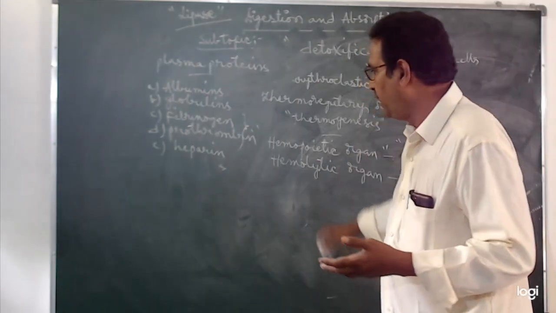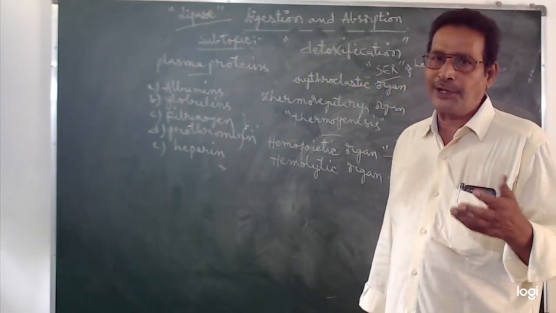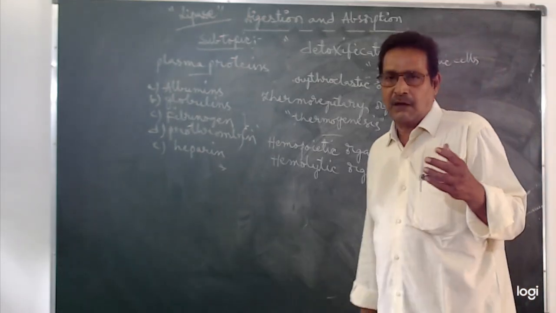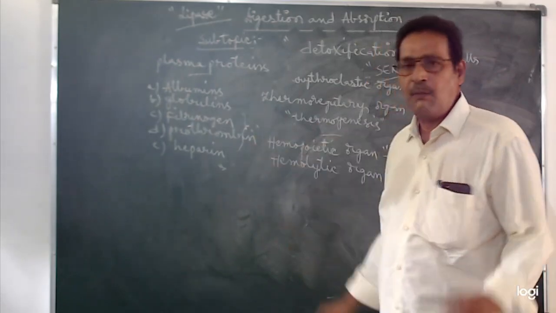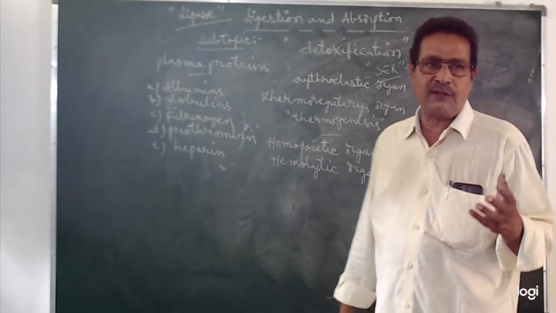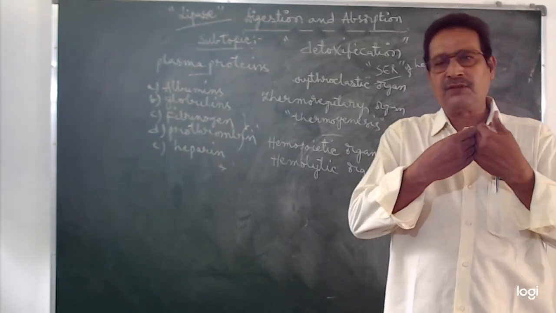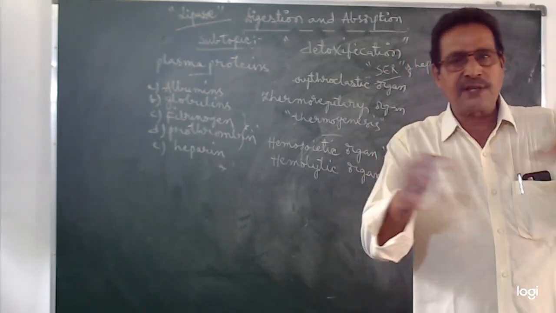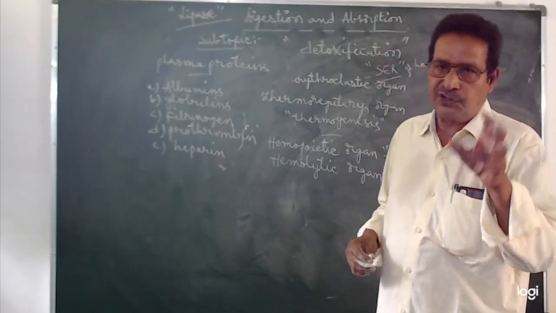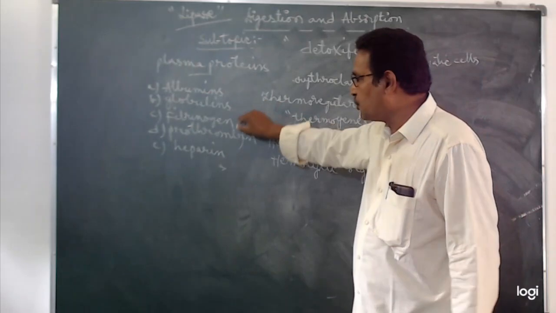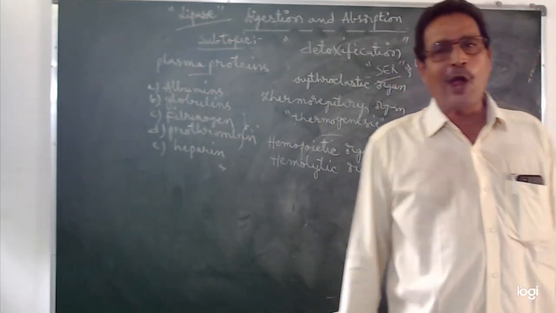In such a way, it prevents the coagulation or clotting or agglutination of RBC. This is anticoagulant, and these two are blood clotting whenever it is necessary. When we are wounded and the blood vessels are ruptured, when blood oozes out, then the process of coagulation is needed. At that time, particularly these two proteins will play a major role in the process of coagulation.